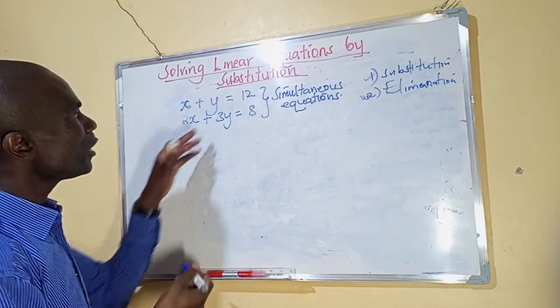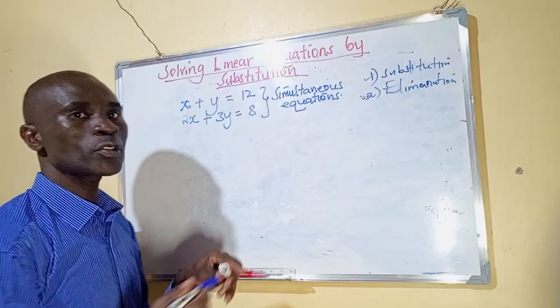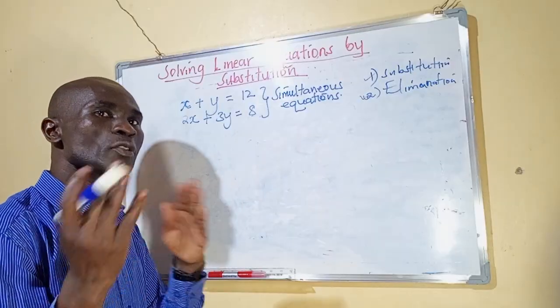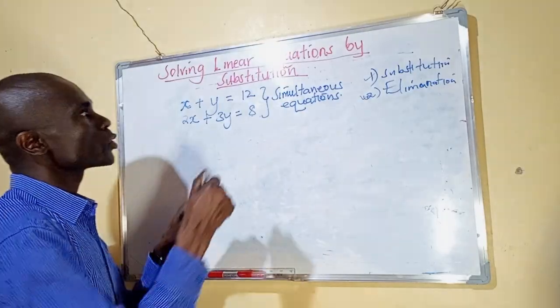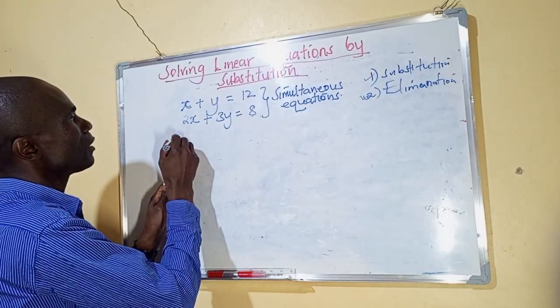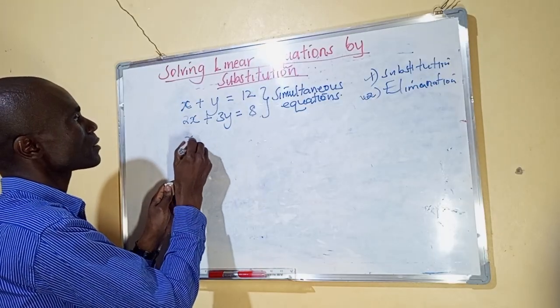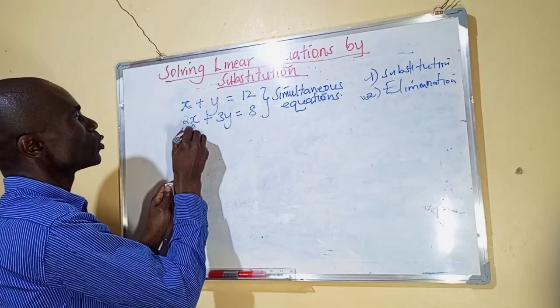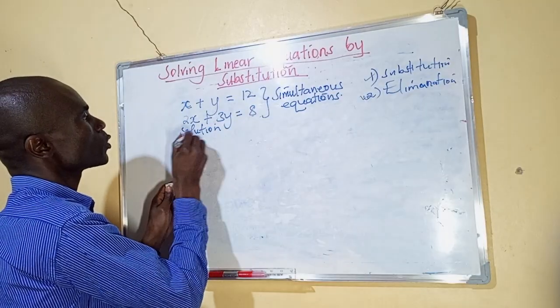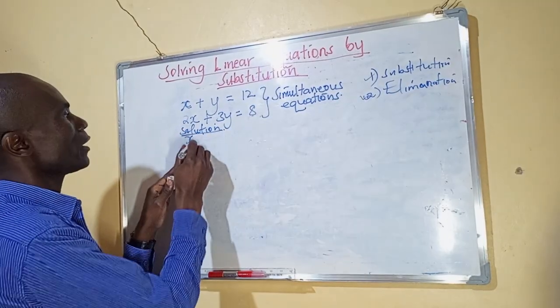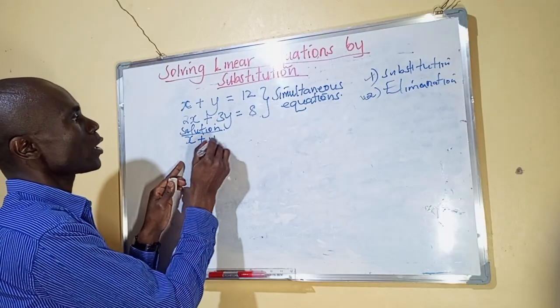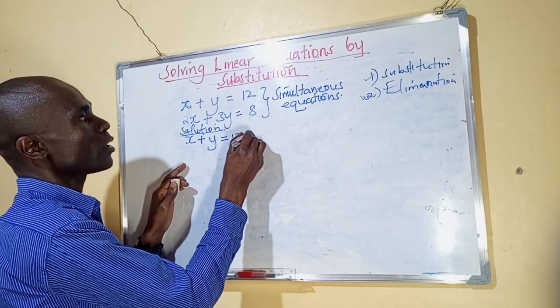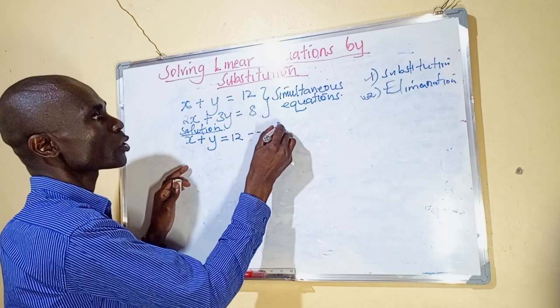So here, for us to apply substitution, it means we remove one unknown. So we are saying x plus y is equal to 12. We let that be equation 1.